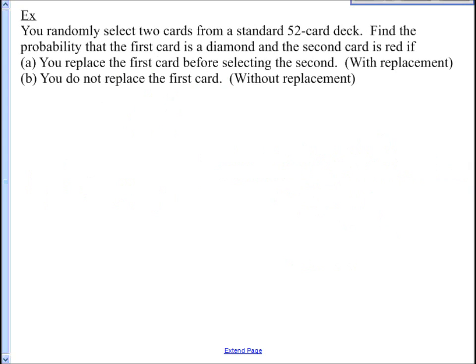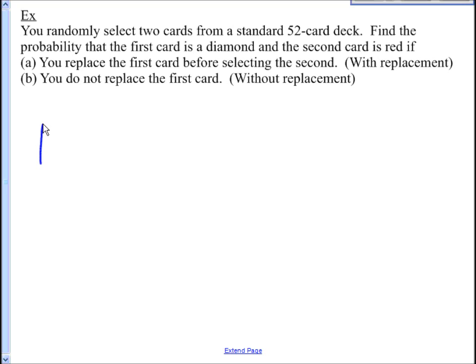Okay, last example here. You randomly select 2 cards from a standard 52 card deck. Find the probability the first card is a diamond, and the second card is red if, part A, you replace the first card before selecting the second. Okay, so with replacement. So this is an independent event, right?